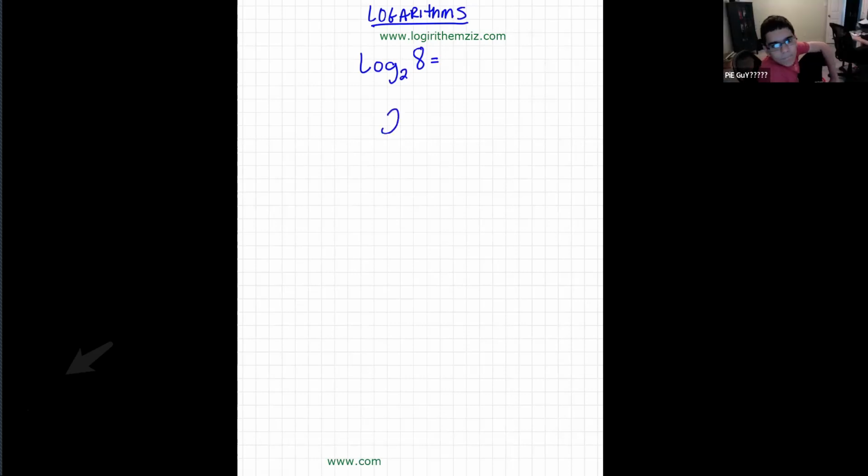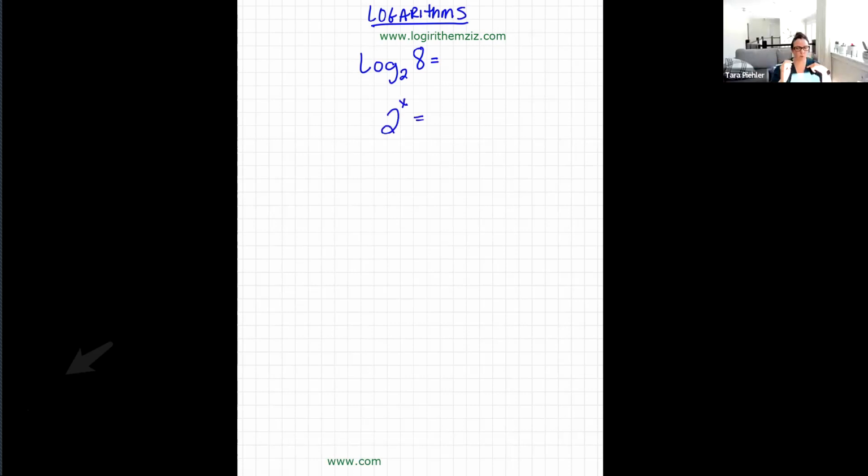When somebody says, for example, log base 2 of 8, they mean the power you have to raise 2 to in order to get 8. What power do you have to raise 2 to in order to get 8?